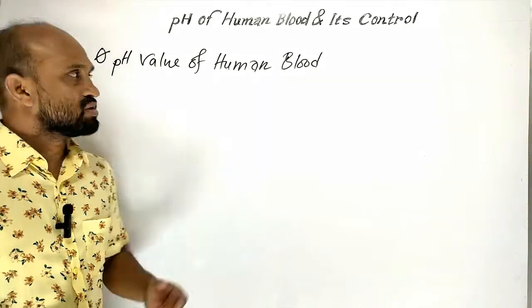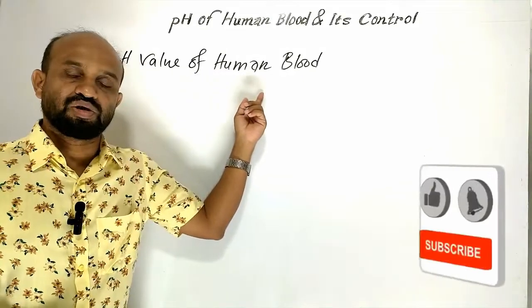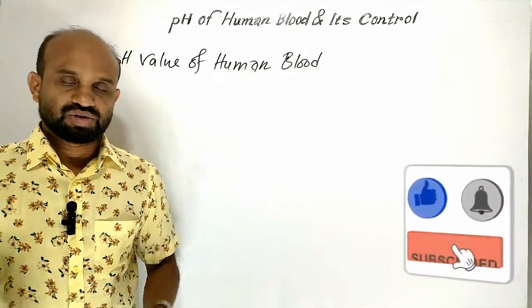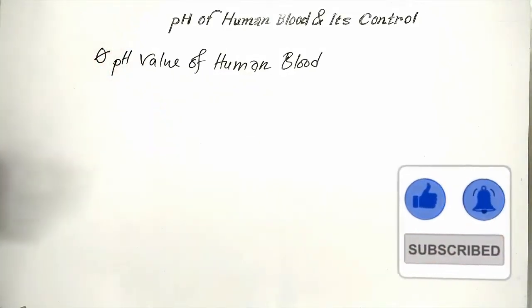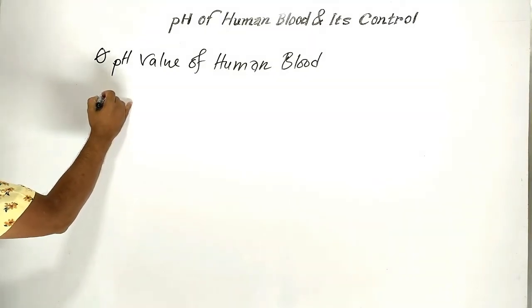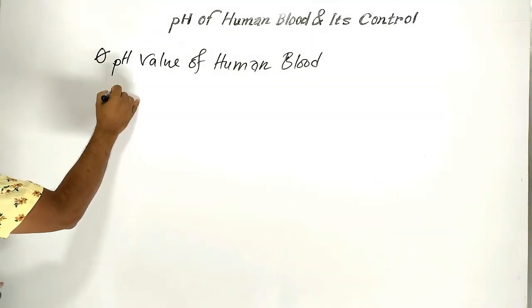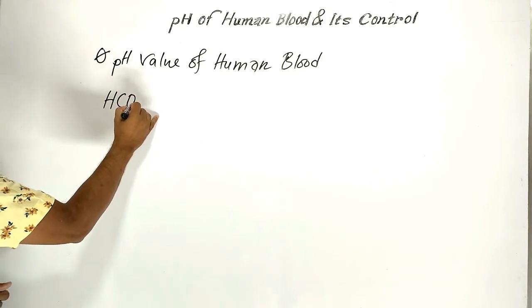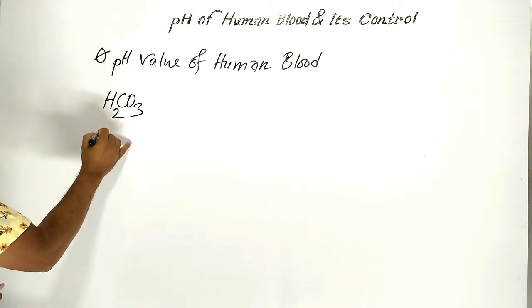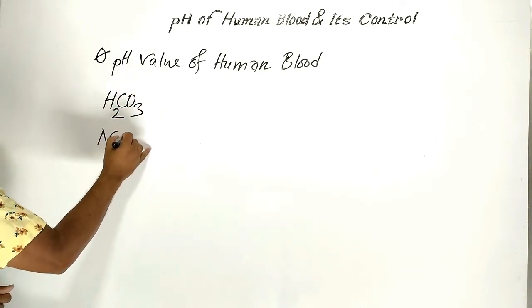First point is pH value of human blood. Let's look at the matter. Human blood is a kind of buffer solution of carbonic acid and sodium bicarbonate.